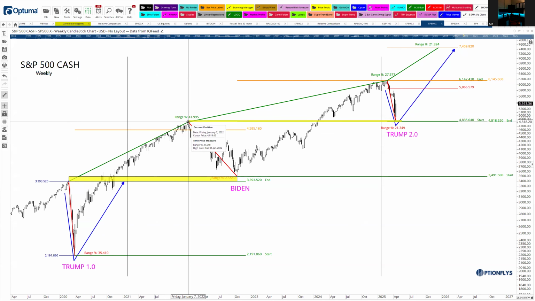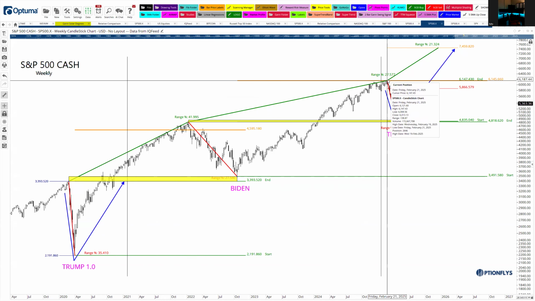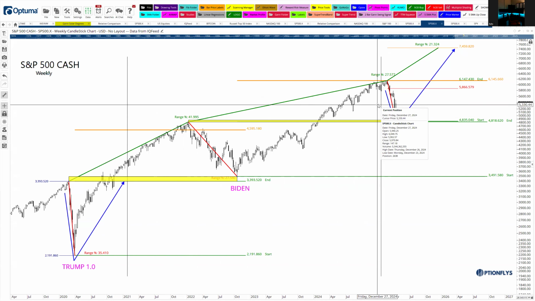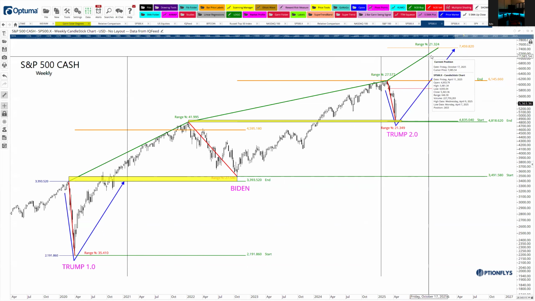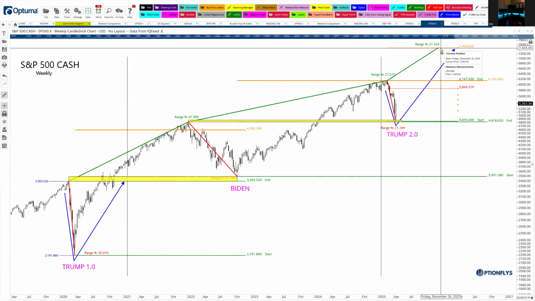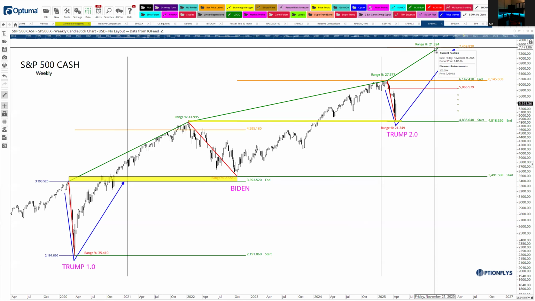Now, if you take this high to the all-time high, it's 27.5%. So if I take this number, the all-time high, and project the upside back toward that 200 mark, it gives me 21.